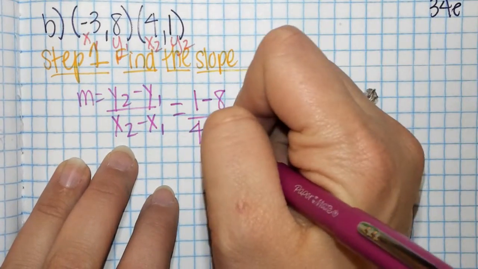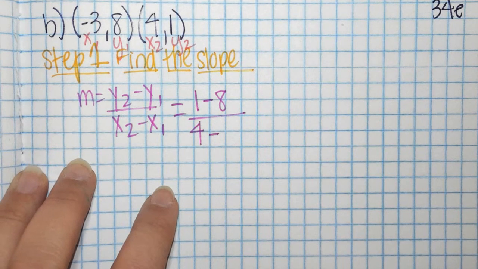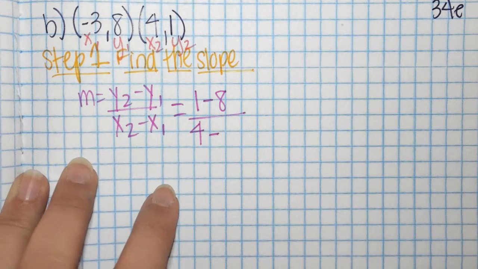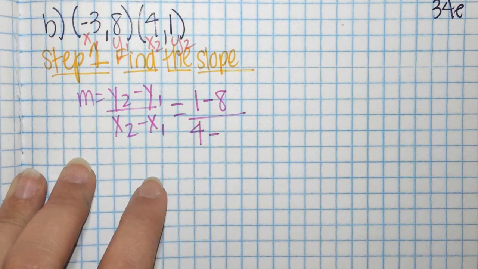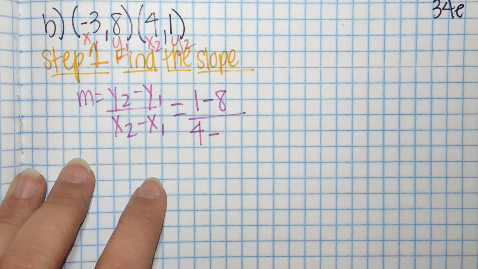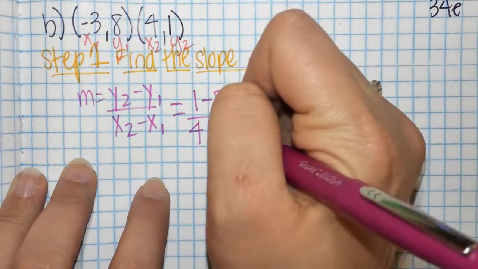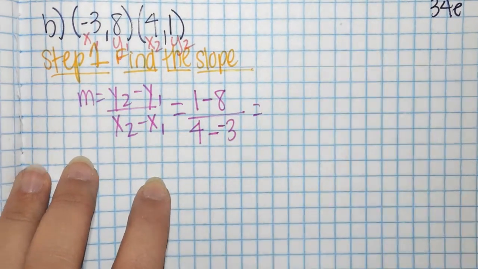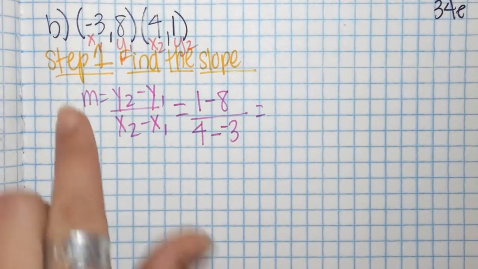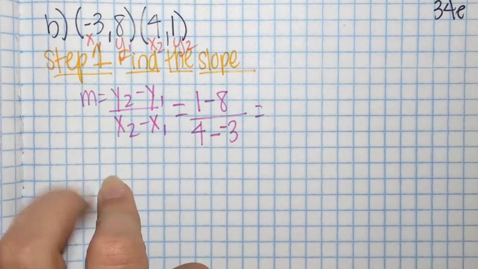Fantastic. So 4 minus, and what's X1? Alexis. What's X1? X1 is going to be negative 3. Fantastic. Good job. Alright, so all we did was plug in our points.